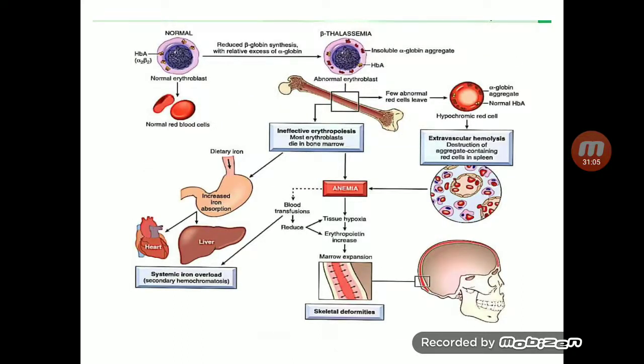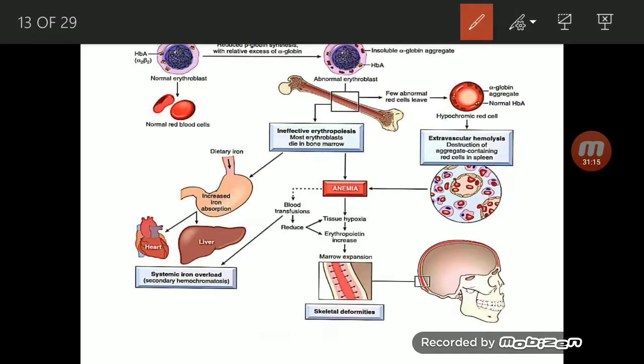Okay, so in case of beta thalassemia, there is going to be decreased synthesis of your beta globin. Correct? You have your mutation, so less amount of beta globin is getting formed.